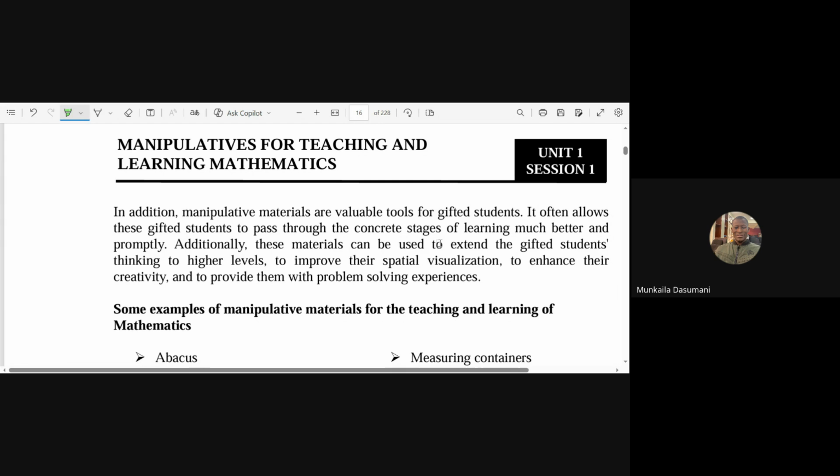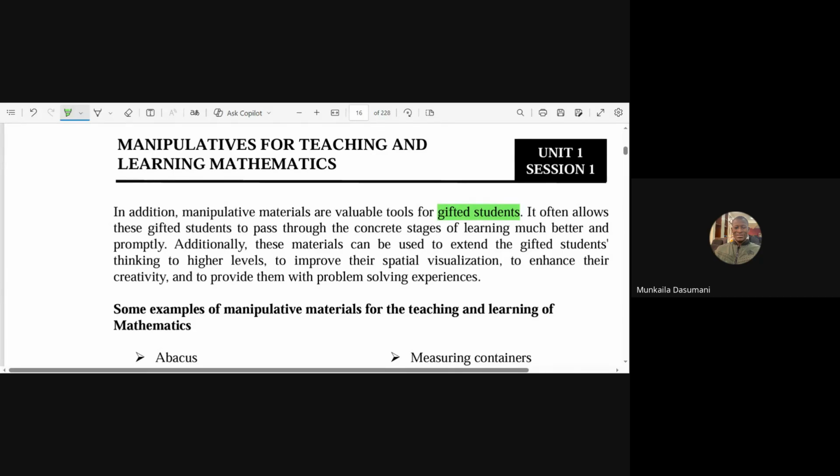And then another one is the gifted students. There are so many reasons; they can ask you to write maybe three or four, so you should learn how to write them. Some gifted students also need manipulatives in their study. It often allows these students to pass through the concrete stage of learning much better and promptly, because no matter how gifted you are, nobody was born knowing everything.